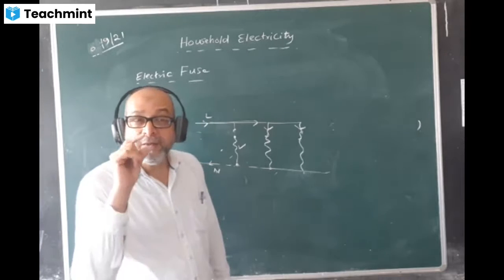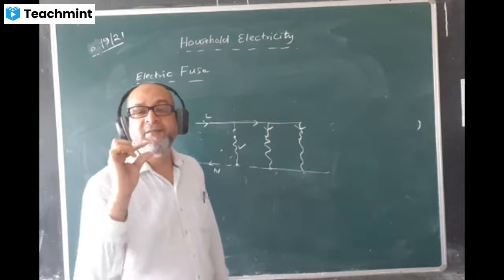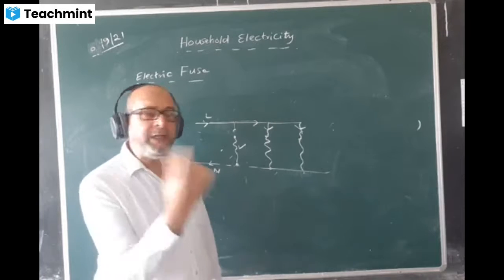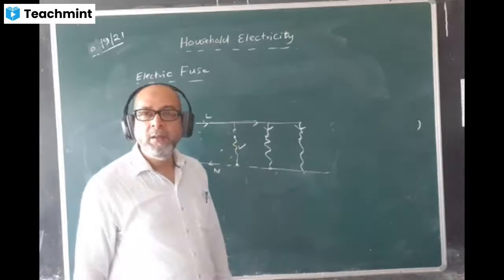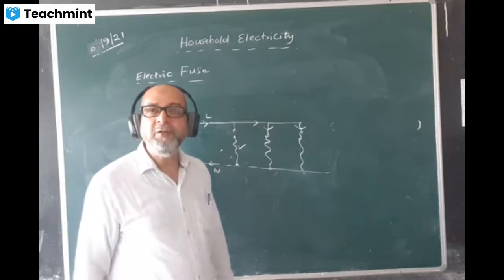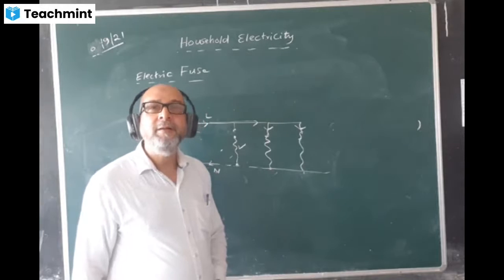So inside the TV and all these kinds of expensive devices, they will have a fuse inside. That fuse will be in parallel because it will protect only that device. Did you get my point? Yes, sir.